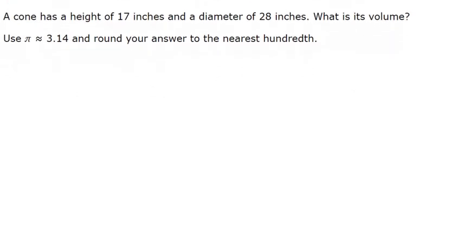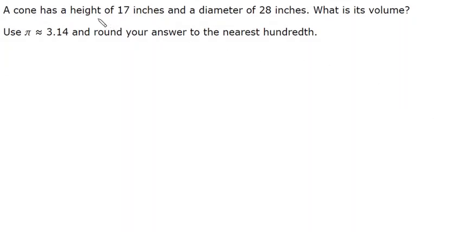Let's look at this example. A cone has a height of 17 inches, h is 17, and a diameter of 28 inches. So in order to find the volume, we need the radius. The volume is pi times r squared, which is r times r, times h divided by 3.